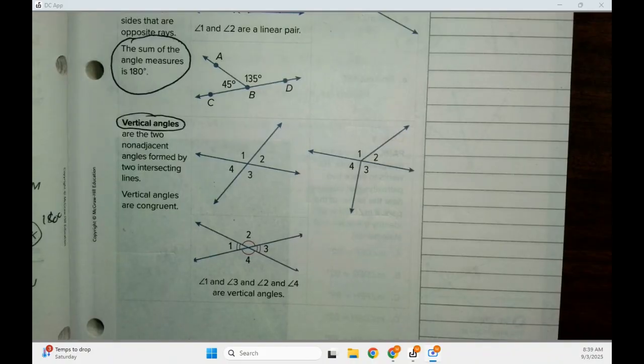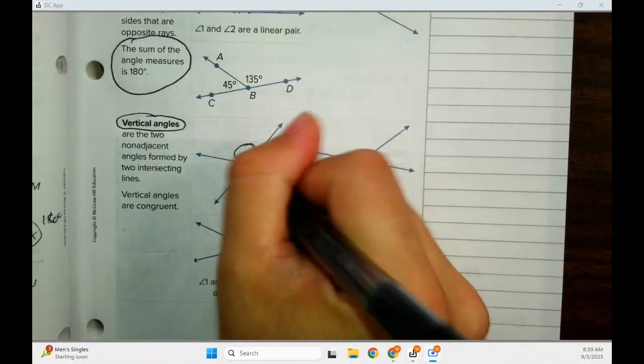Or in other words, the opposites across. Not the adjacent ones, not the ones that are stacked on top, but the opposites. For example, angle 1 and angle 3 here. I have two lines that intersect, and they are opposites across where they have that V shape. Those are called vertical angles. V for vertical, that's what they are.